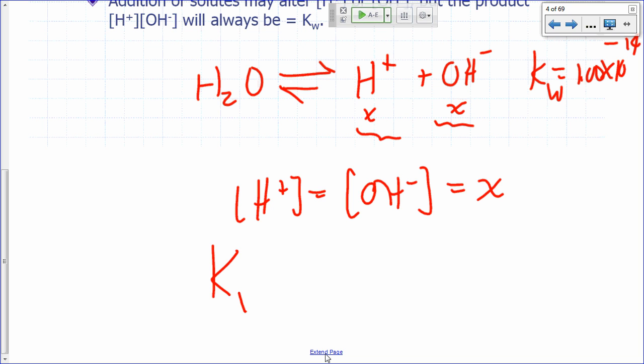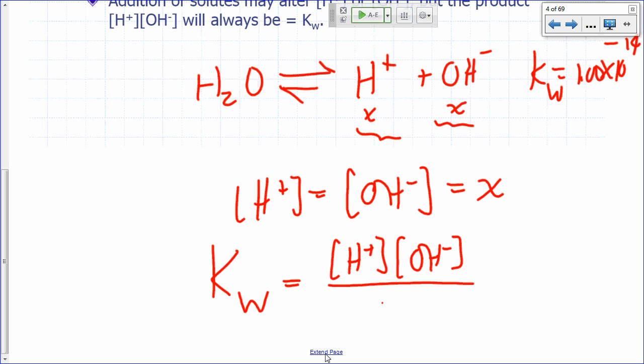What's the expression for Kw? Equilibrium constant is activities of products over activities of reactants. So it's going to be H plus times hydroxide divided by the activity of water, which is 1, right? So that's just going to be X squared over 1.